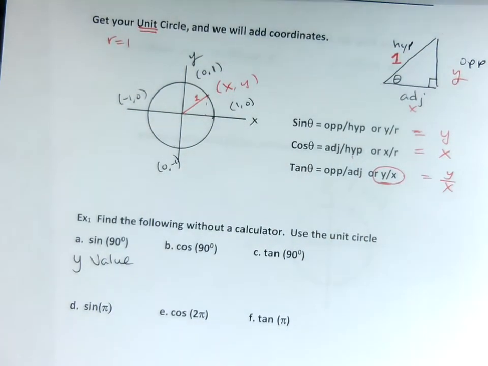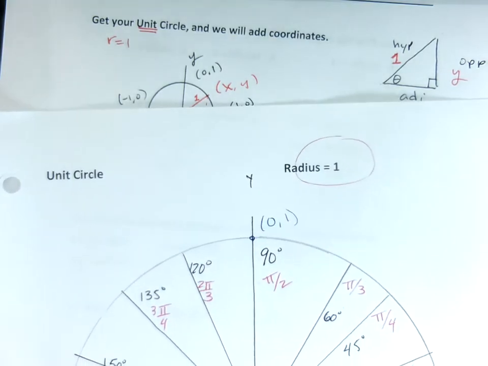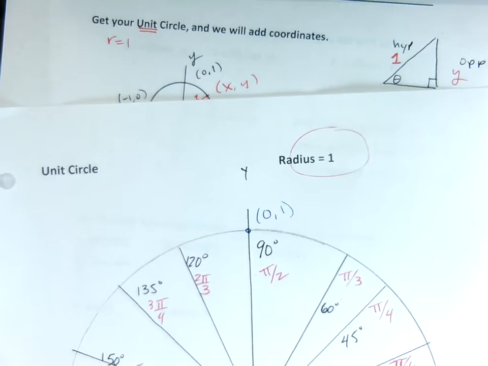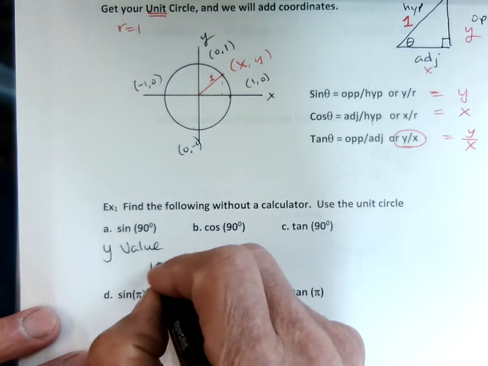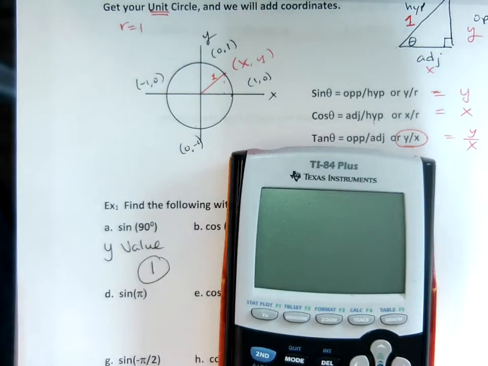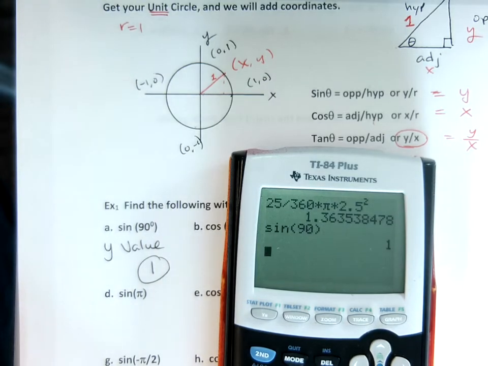So I look at my circle. I go to 90 degrees. What's the y value of my point? 1. Okay, so sine 90 is 1. Wow, we're smarter than a calculator, aren't we? Whoa.